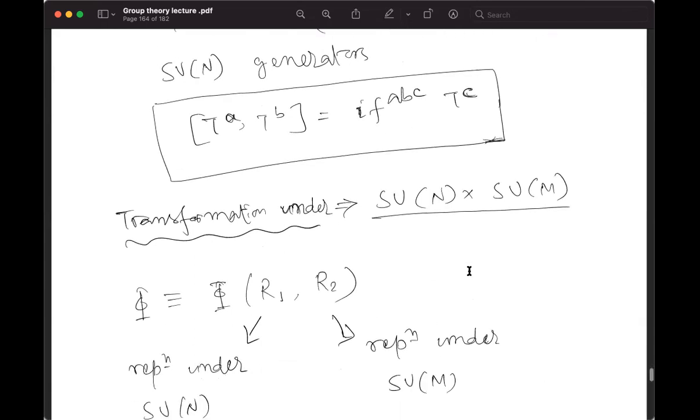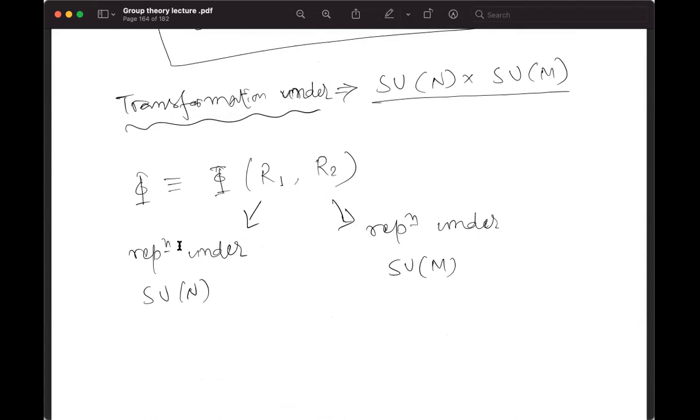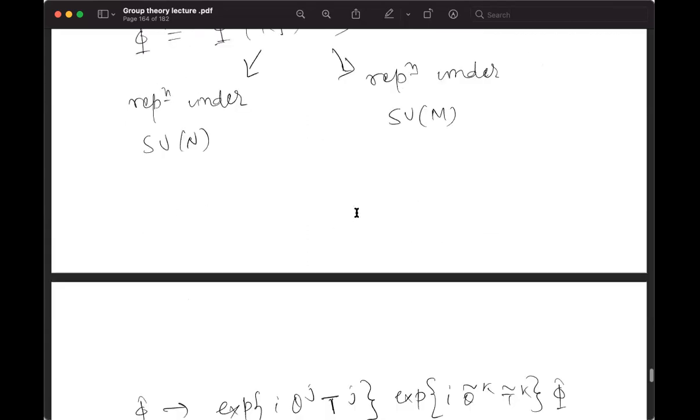Now how do they transform under SU(N) times SU(N)? If we have this field phi, which has two representations R1 and R2, where R1 is the representation under the first SU(N) and R2 is the representation under the second SU(N), then phi carries these quantum numbers.